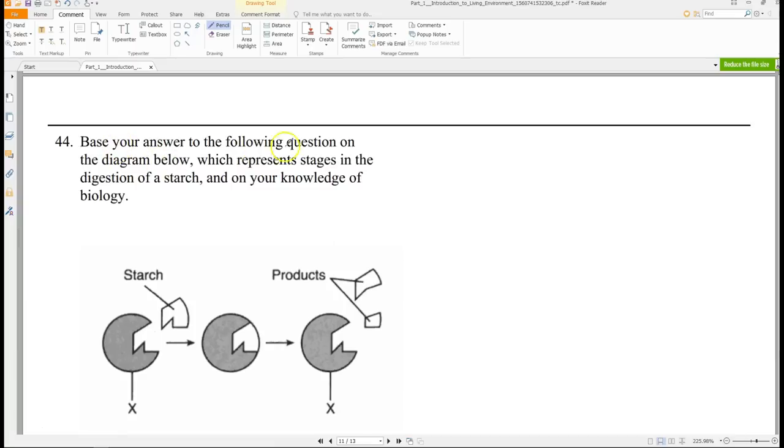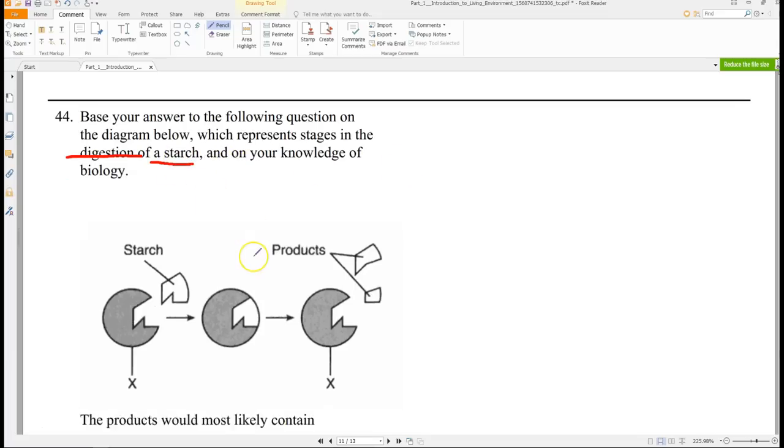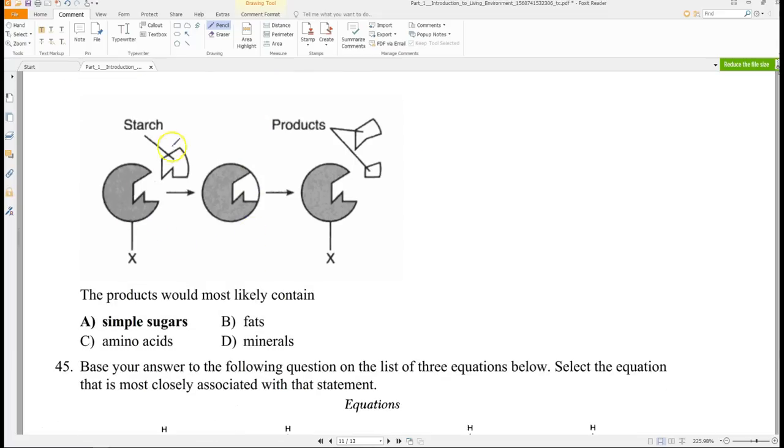Base your answer to the following question on the diagram below, which represents stages in the digestion of starch, a carbohydrate, sugar, and on your knowledge of biology. So this starts off as a whole, and then it breaks into 2. This is digestion because you started with a molecule and then you ended with 2.